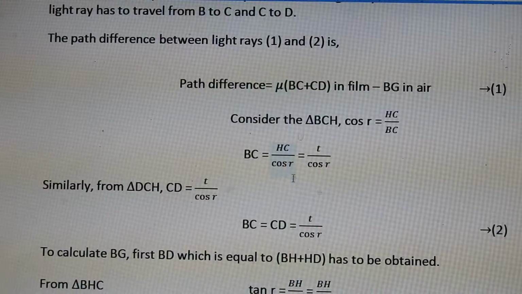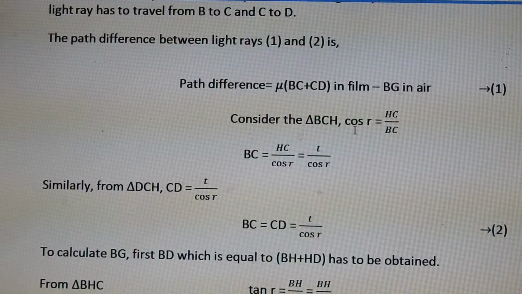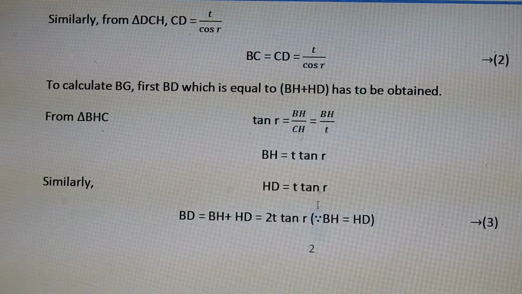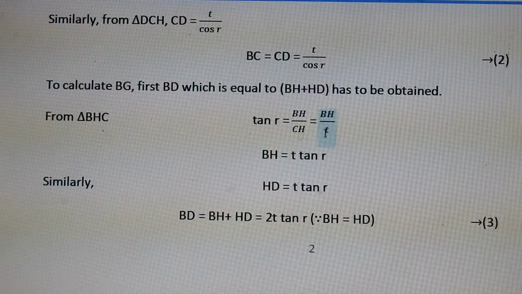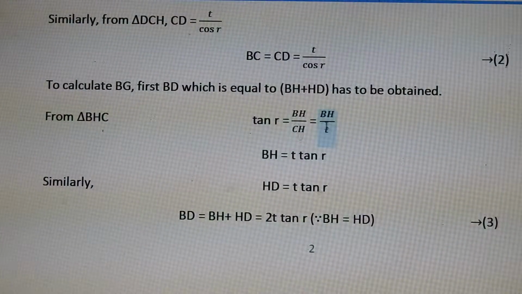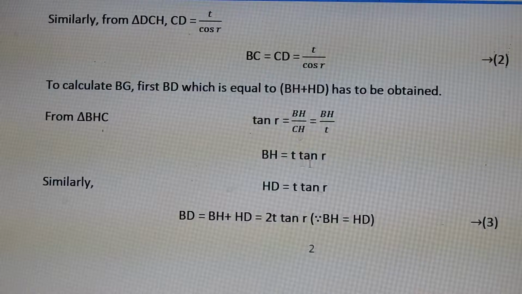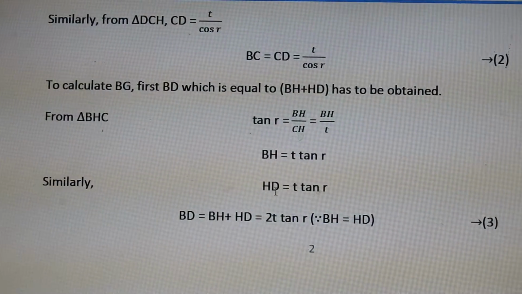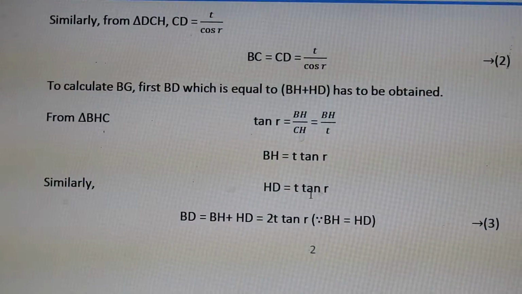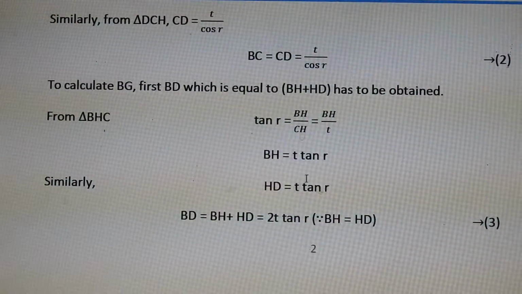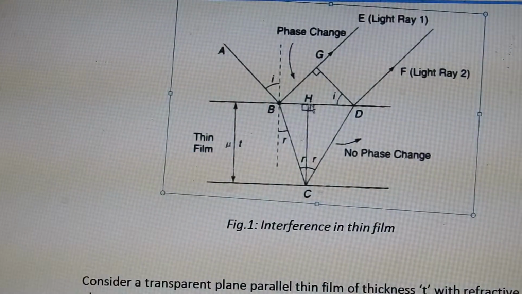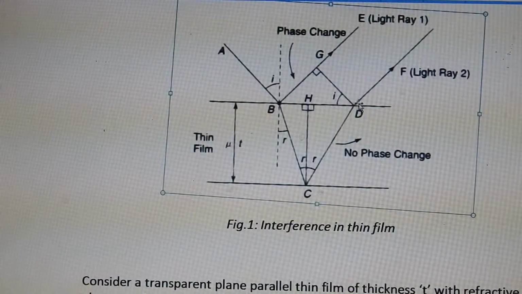So what is happening here? tan R is BH by T. Then if I want to calculate the BH value, BH is equal to T tan R. Similarly, HD also we have to calculate.